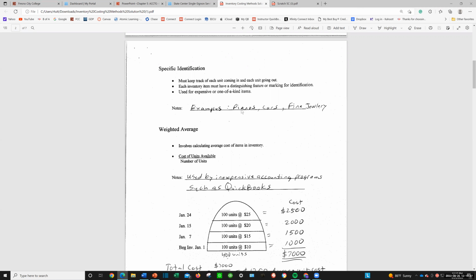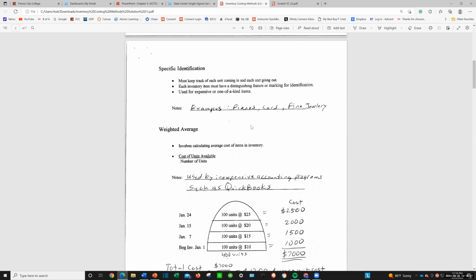Well, each Steinway piano is like $80,000, right? You know that you have that particular piano, and there's probably some type of serial number to identify that piano. You know when it comes in and you know when it goes out. Now with cars, let's say the car dealership buys a Honda Accord. Well, you have that car. It has a VIN number, it's there. And when you sell it, it's that particular car that you sell. So that's what specific identification is.